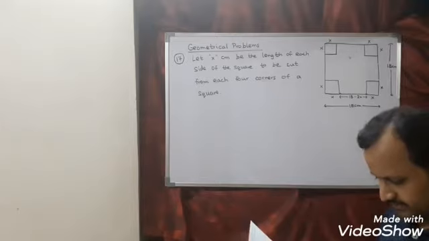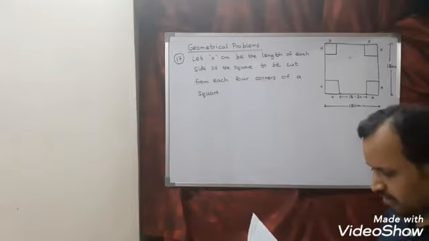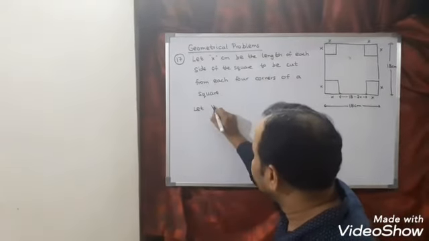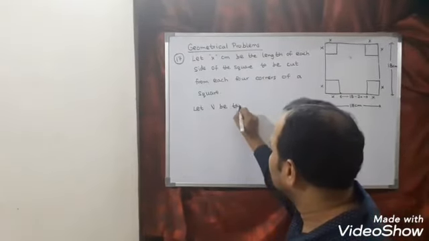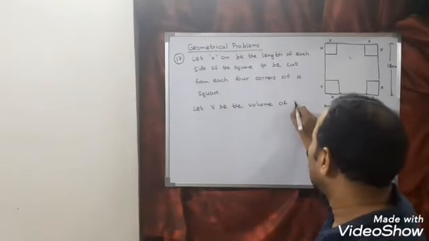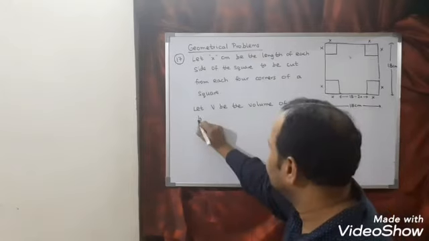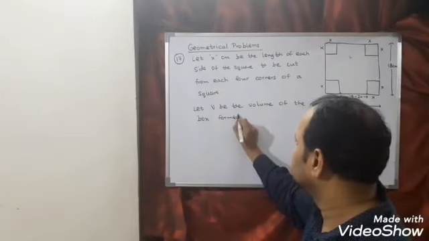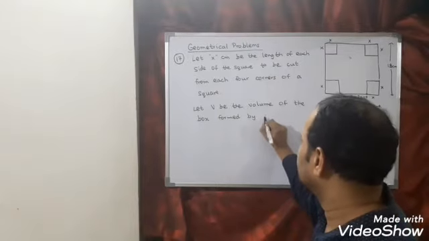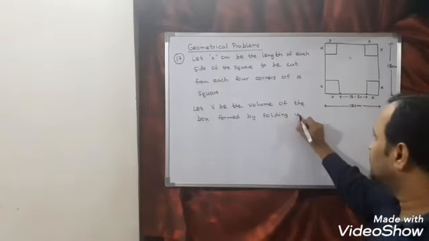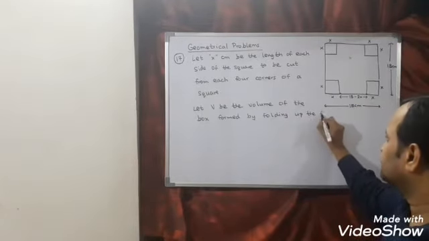Next, volume of the box is. So next here I can say let V be the volume of the box formed by folding up the flaps.